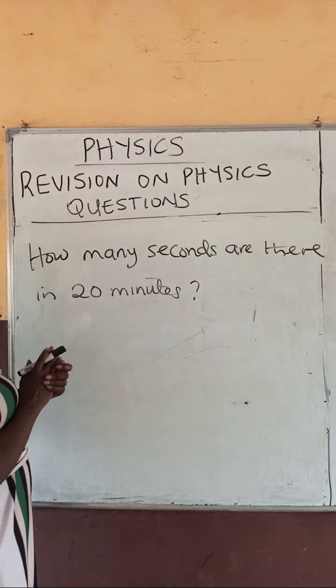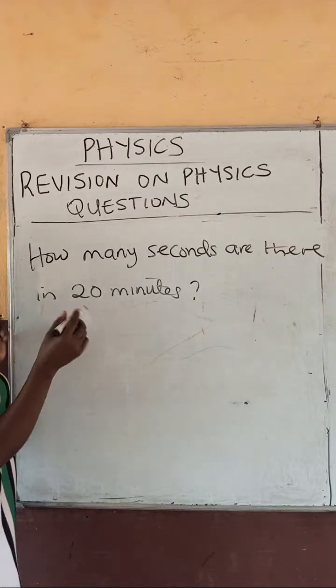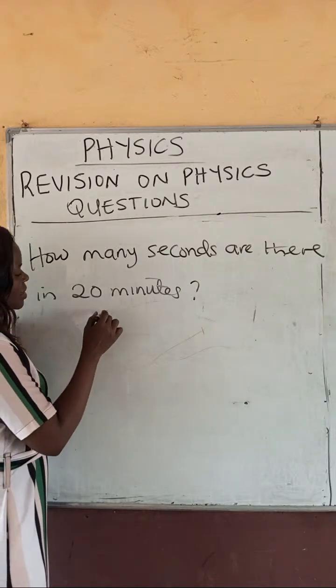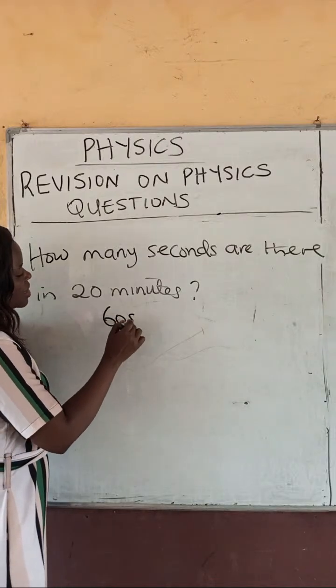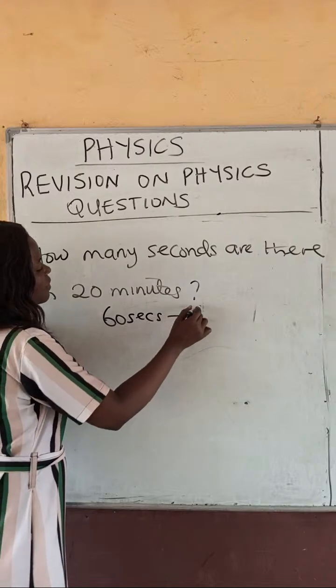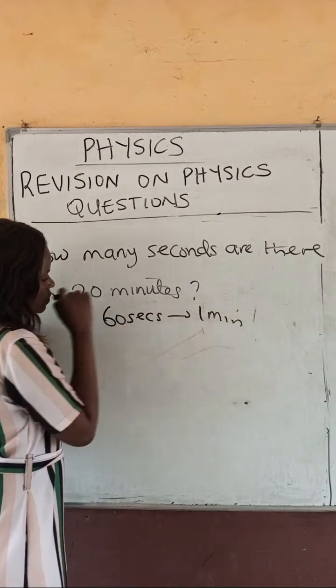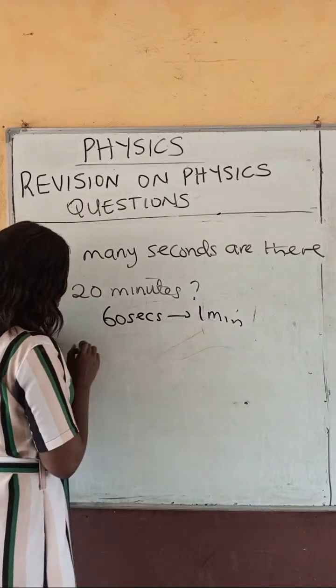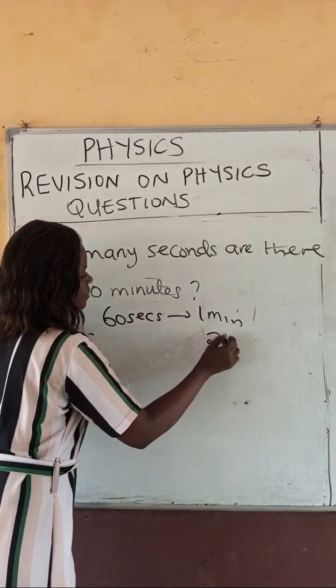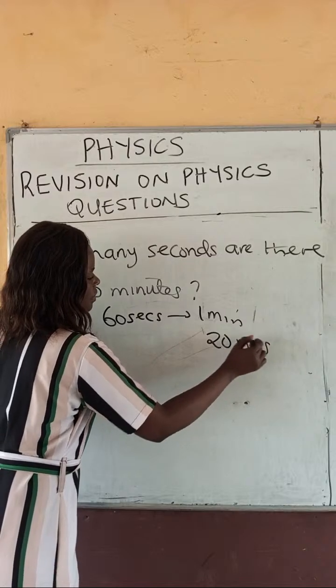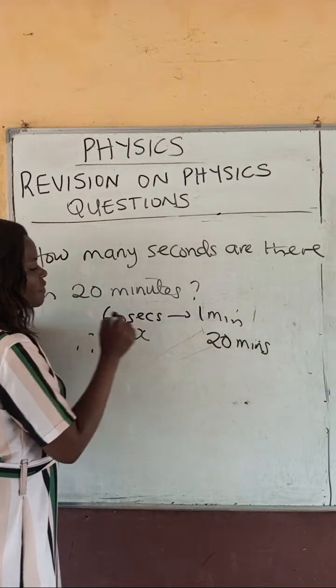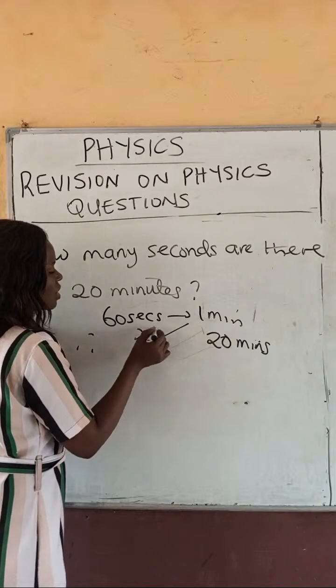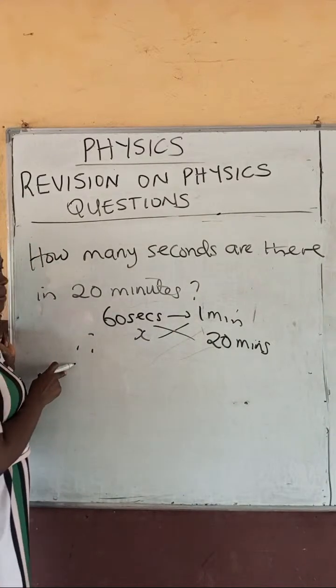So how do we do that? Now, we remember that 60 seconds will give us one minute. Therefore, 20 minutes is going to give us X. You cross multiply, right?